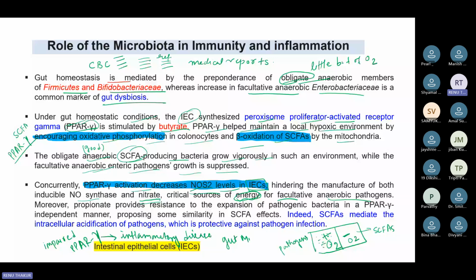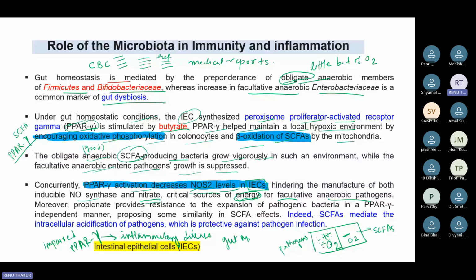We are doing a lot of things in our day-to-day life, so we need energy. We need ATP, the energy currency, for each and every task we are doing in the normal 24 hours. So for that, our PPAR gamma is promoting the beta oxidation of the fatty acids.